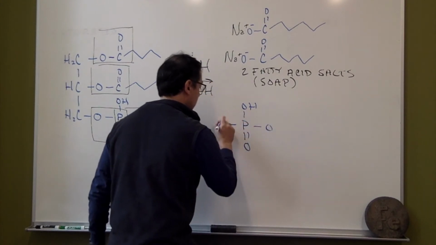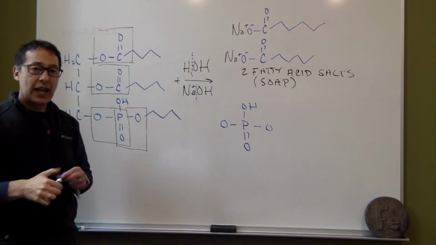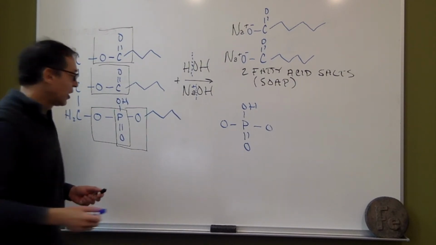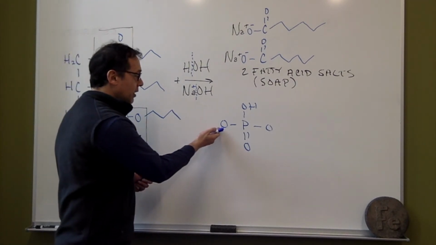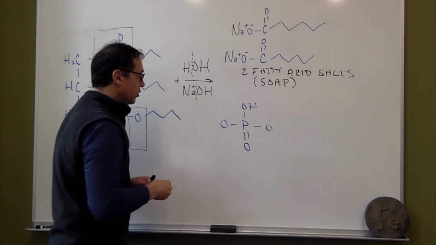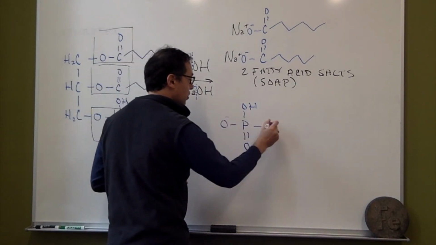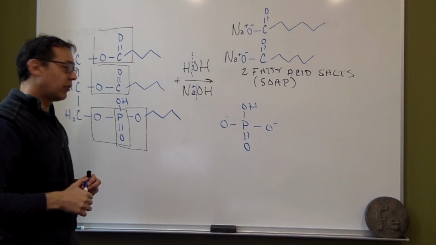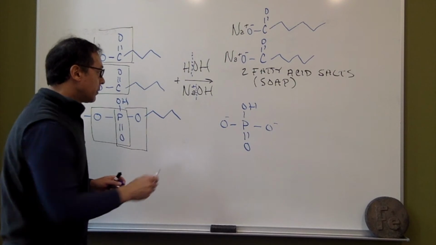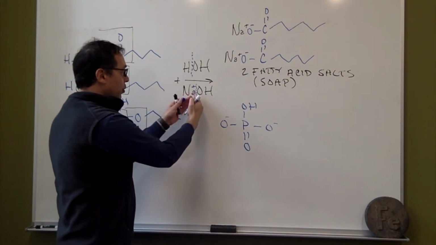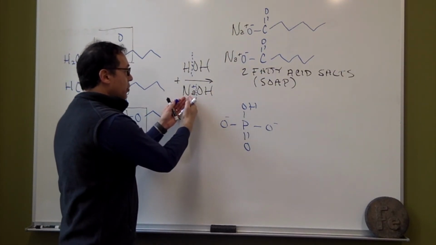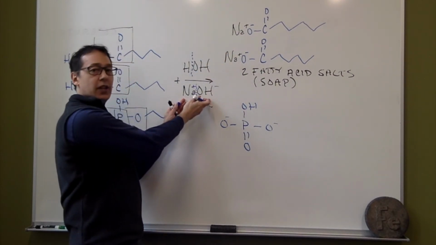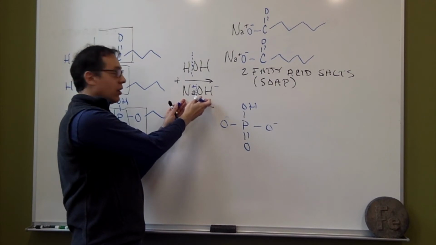Now under very basic conditions like this, the hydrogens do not end up getting attached. And so we end up with these just being like that. And you might be going, what's up with that? Here's the deal. When we pulled this apart, we ended up with sodiums going up here, and then we ended up with excess hydroxides, excess OHs.